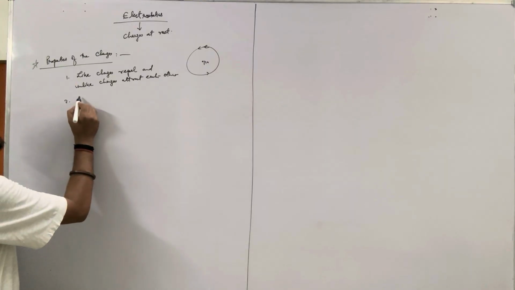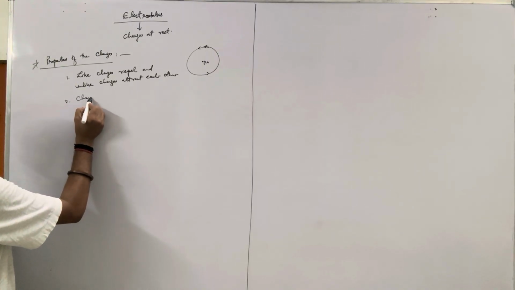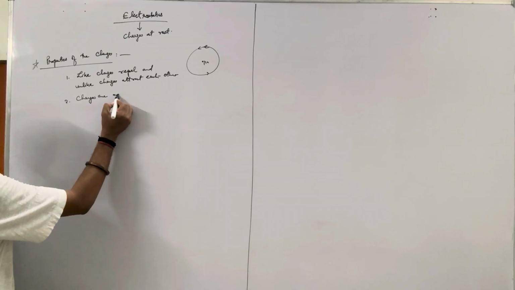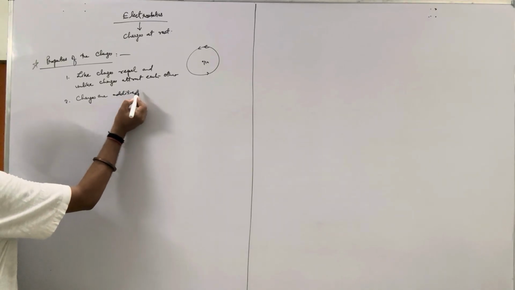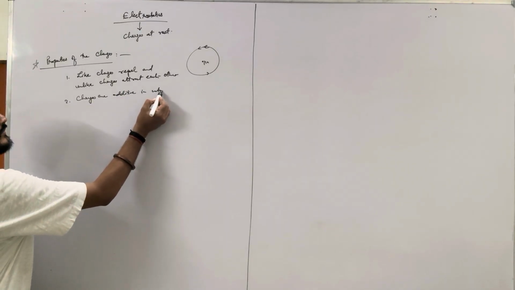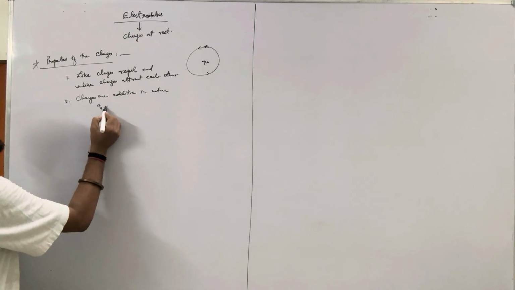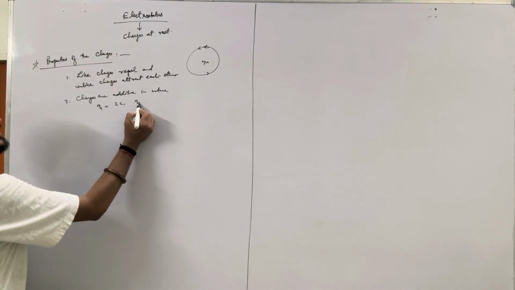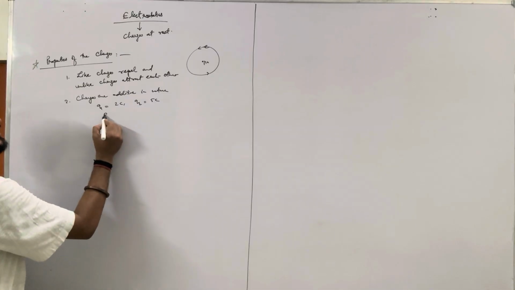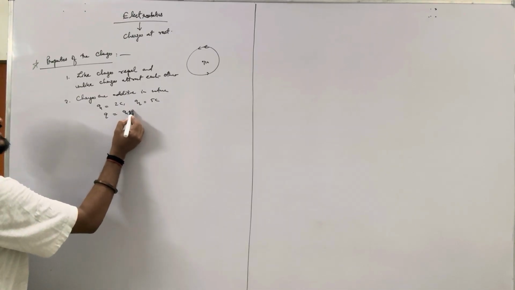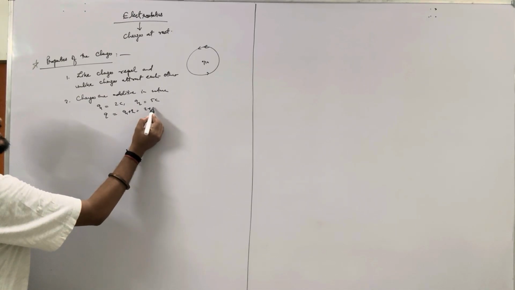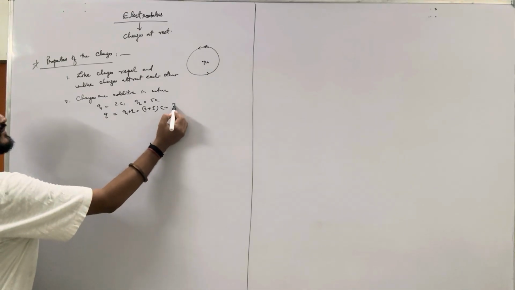The second property is that charges are additive in nature. That means if you have Q1 equal to 2 coulomb and Q2 equal to 5 coulomb, you can add Q equal to Q1 plus Q2, which is 2 plus 5, that is 7 coulomb.